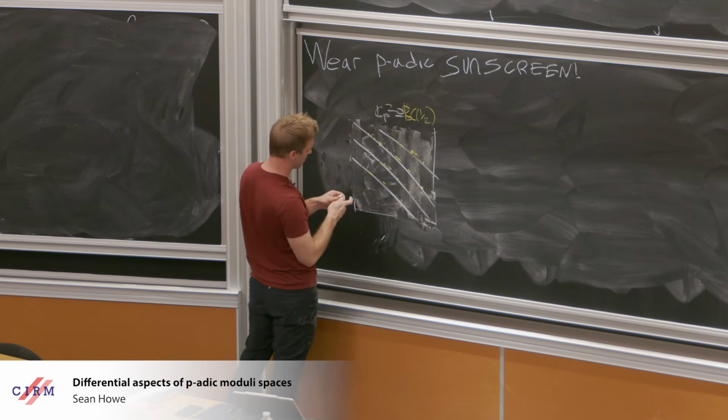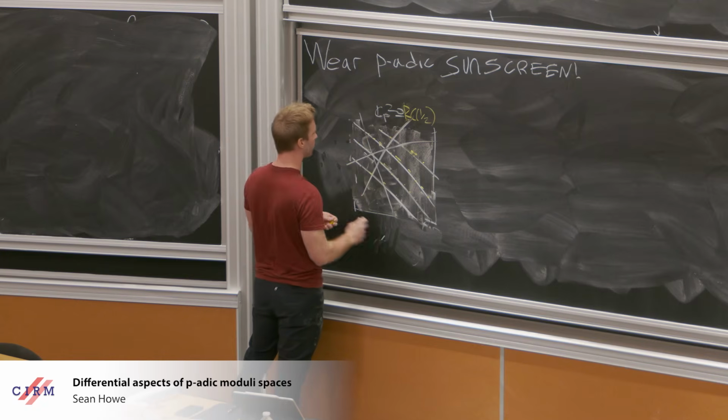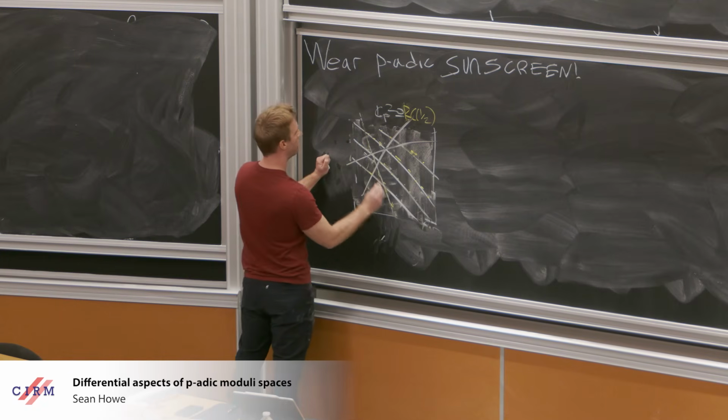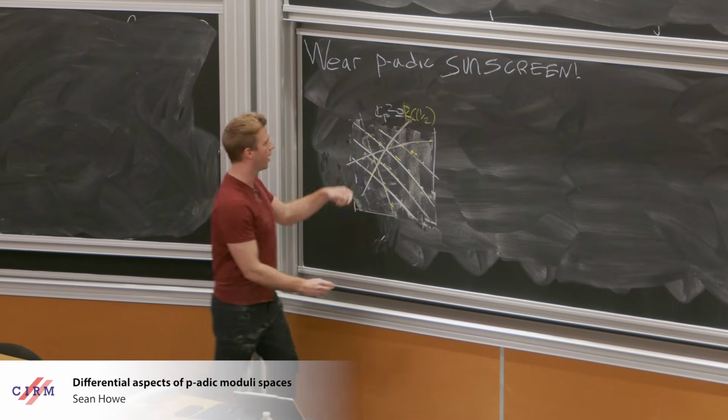So that's lines going some way, but this applies for any line. You can do any direction you want. All these lines will have, so this is locally profinite.